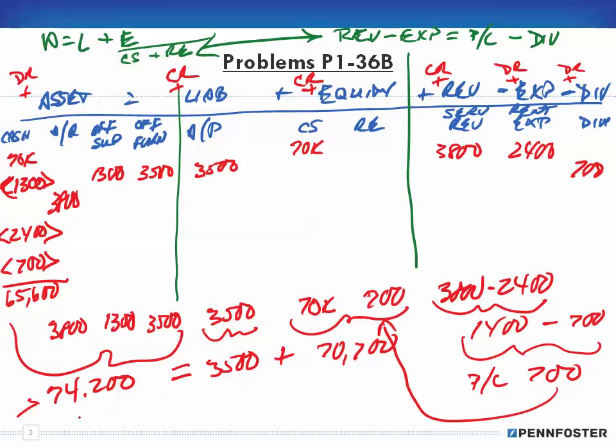And of course, when we add up these, the $74,200 should equal $74,200, which it does. And our accounting equation is back in balance. So assets is equal to liabilities plus equity. And we know that our net income for June was $1,400.